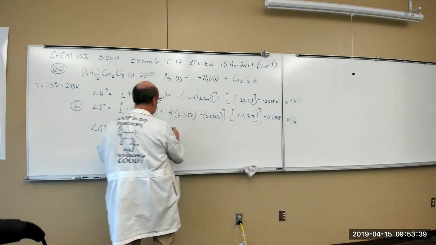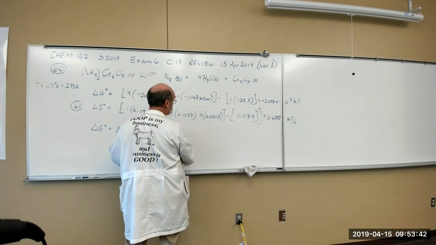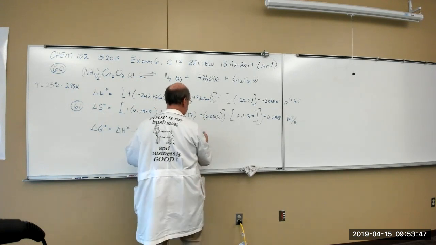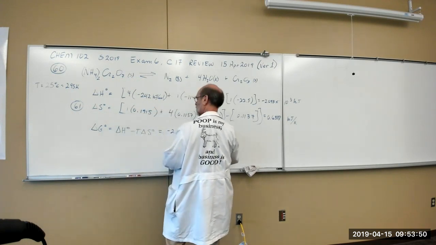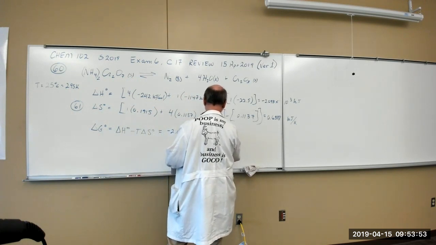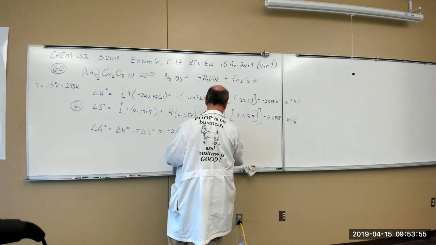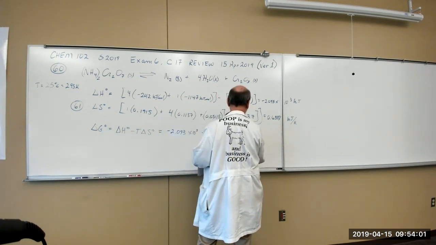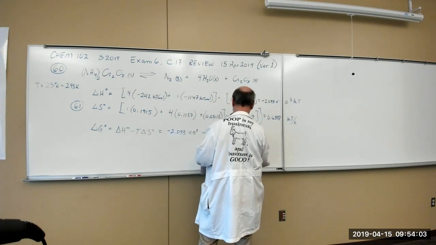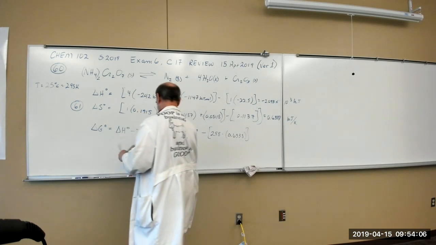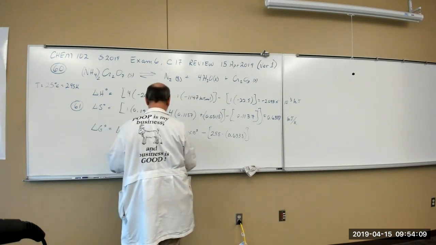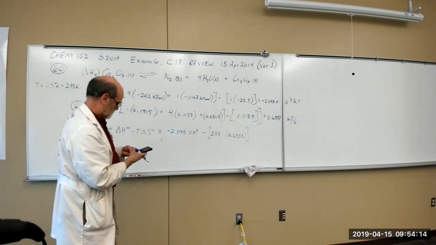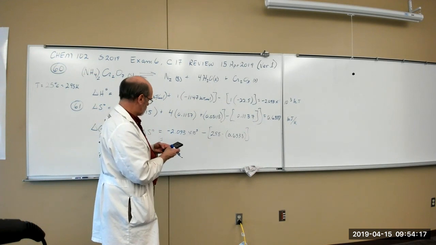So delta H is minus 2.093 times 10 to the third. And then we're going to subtract temperature, 298, times delta S. And that should be equal to, check myself here, 2.093.